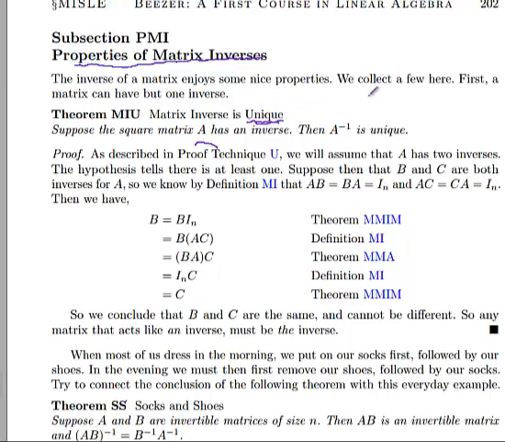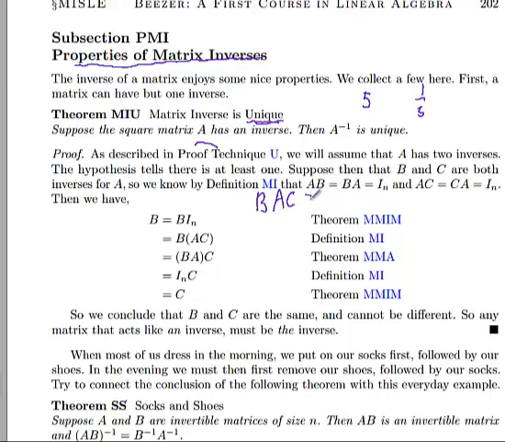Just like in ordinary algebra, the multiplicative inverse of the number 5 is unique. It's 1 over 5. Okay, so the way to prove that the matrix inverse is unique is basically you take A and you multiply on the left by B and on the right by C, and you interpret this two different ways.